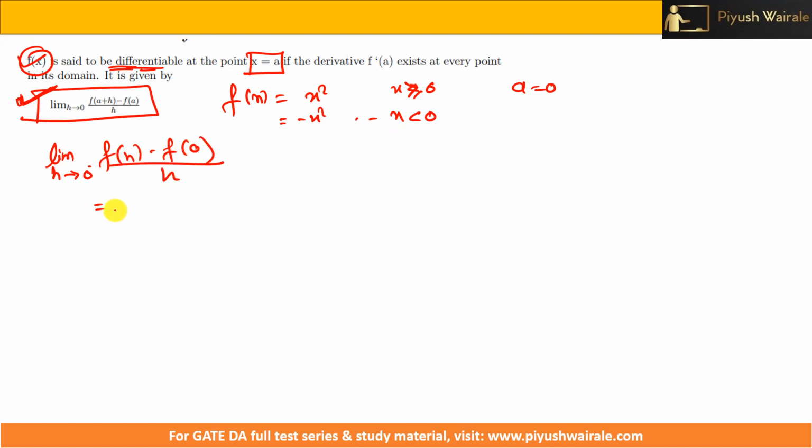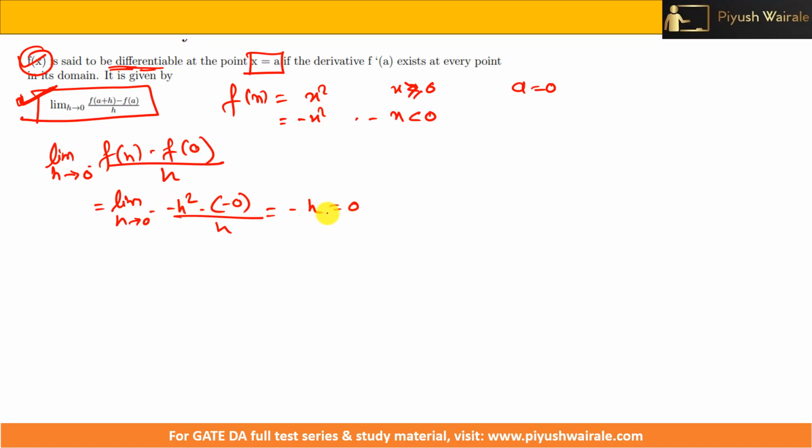So limit h tends to 0 negative, and f of h is obtained by replacing x by h. Because we are going from the left hand side, we need to take the function minus x square. So minus h square minus of minus 0, divided by h. So h will get cancelled, and that will be minus h. And now I just put 0 here instead of h for this particular limit.